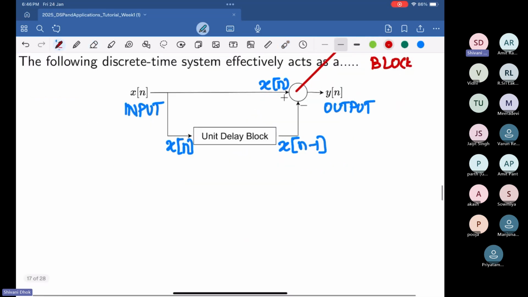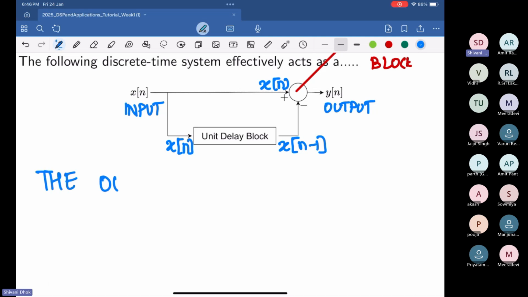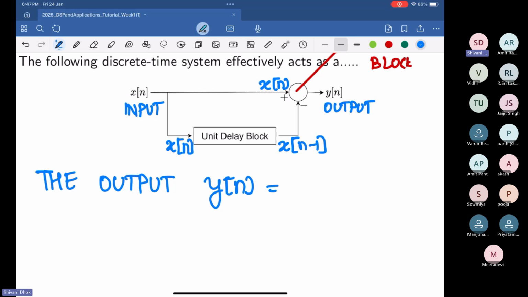Okay, so now using that, this output y of n is equal to this x of n minus this x of n minus 1. So what is this doing?